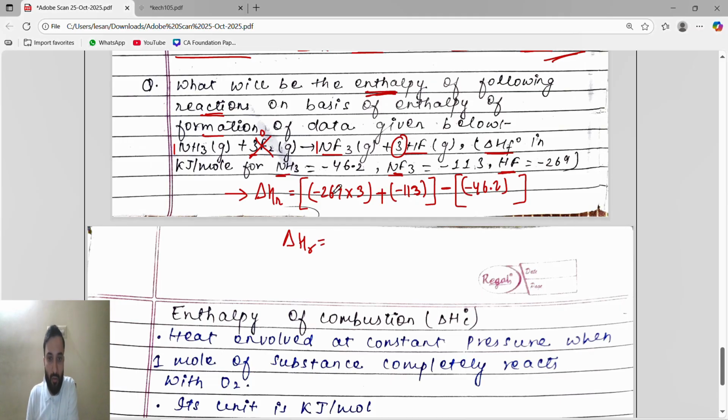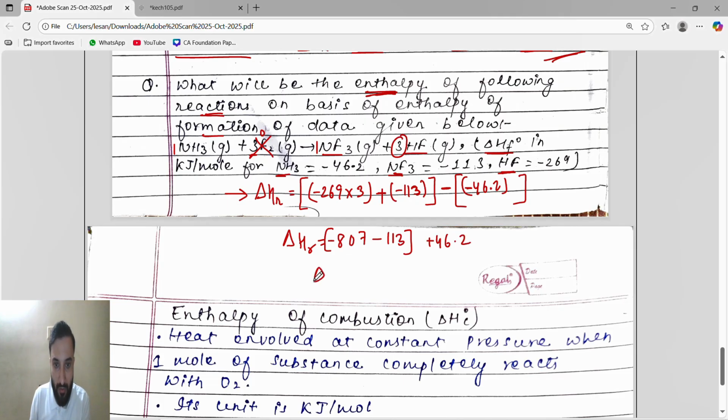Now we'll do this. Minus 269 into 3: 9 times 3 is 27, 6 times 3 is 18 plus 2 carry, so you will get minus 807. And this plus minus 113, and then minus plus 46.2.